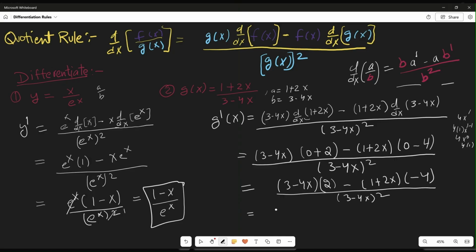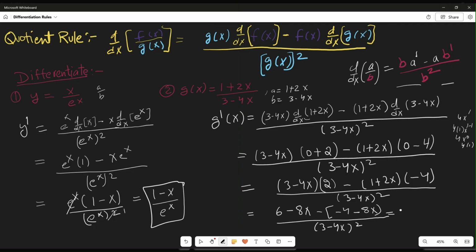Okay, multiplying this, simplify this expression. 3 times 2 is 6, minus 4 times 2 is 8x, minus, now make sure you keep the parentheses there so you don't get confused later on. So negative 4 times 1 is negative 4. Negative 4 times 2x is simply negative 8x, divided by 3 minus 4x squared.